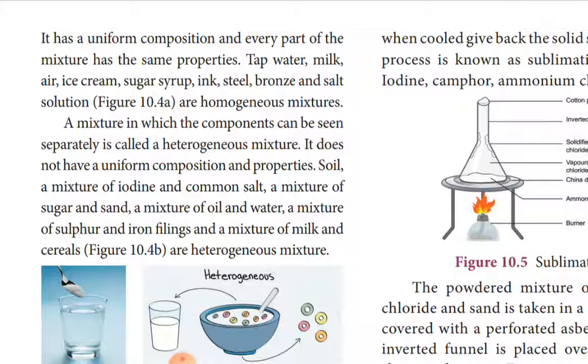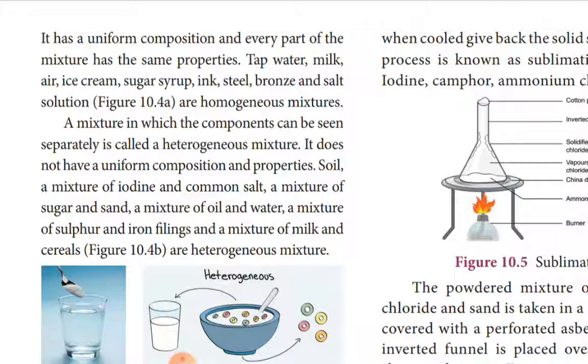For example, tap water, milk, air, ice cream, sugar syrup, ink, steel, bronze, salt solution are all examples of homogeneous mixtures. Take tap water. Tap water is a mixture because it contains some dissolved salt, but we cannot see the dissolved salt through our naked eye.